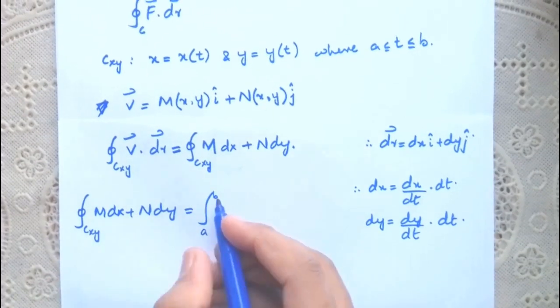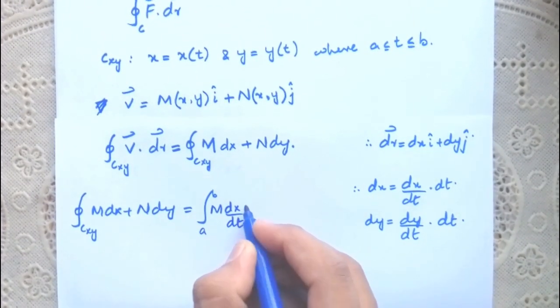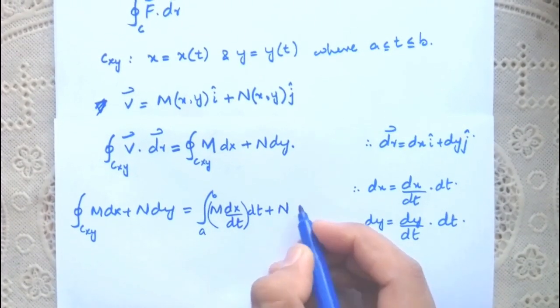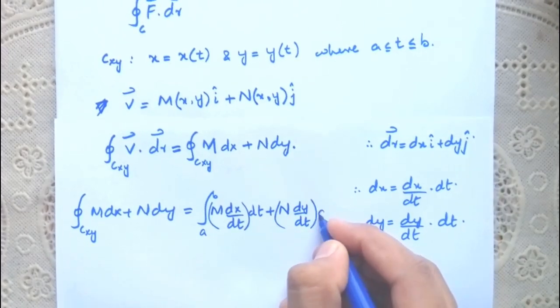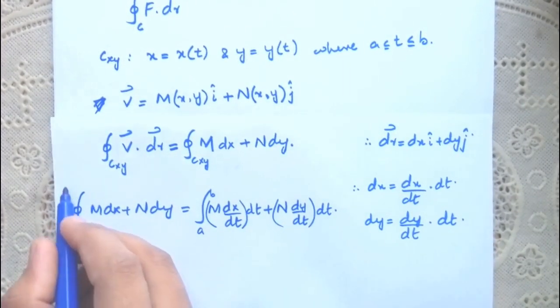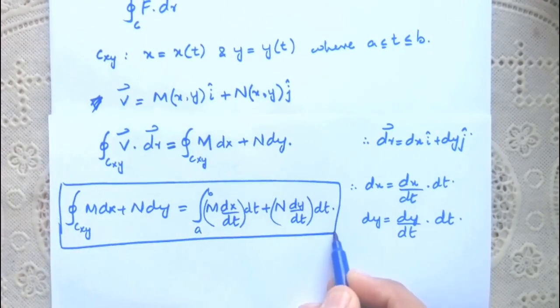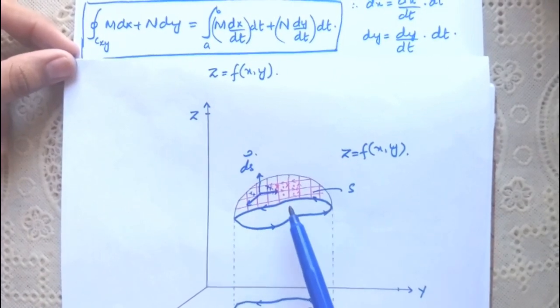So it becomes M dx/dt dt plus N dy/dt dt, right? We will use it. Now let's see the parameterization of this curve C.